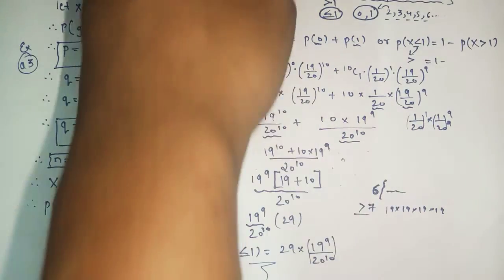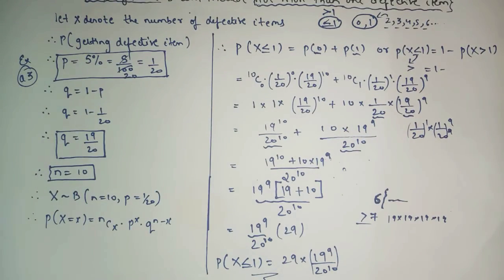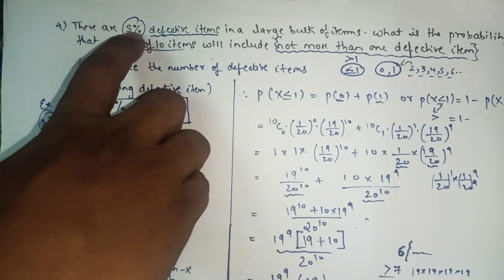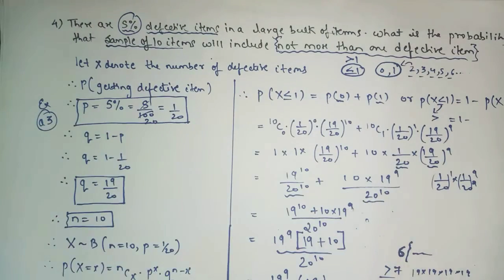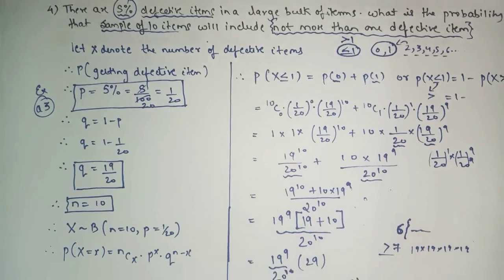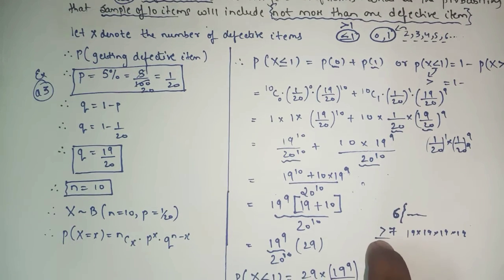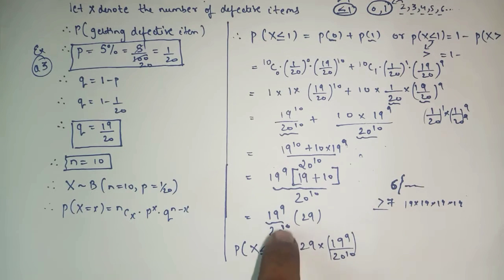I hope you all understood how to solve these types of sums. Whenever we have a percentage symbol, in this way you have to present your sum. And remember, whenever the power is more than 6 or more than 7, you will keep your answer as it is, as the textbook answer also kept the answer the same.